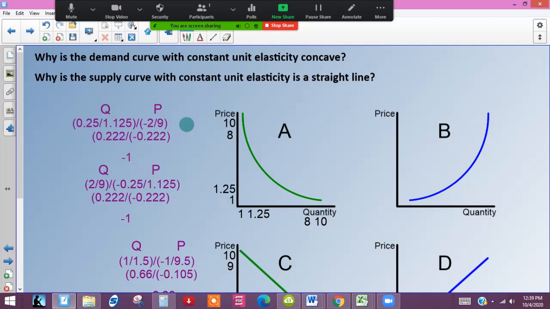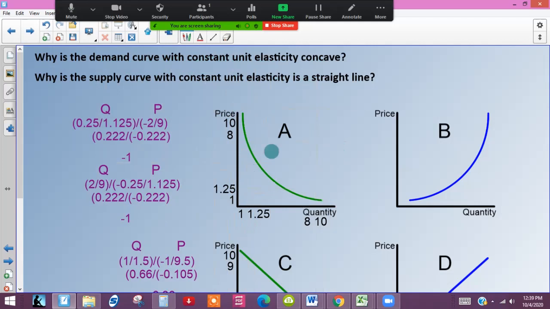So the first question here is, why is the demand curve with constant unit elasticity, in other words, where the price elasticity of demand is 1 anywhere on the downward sloping demand curve, why does it have to be concave, or shaped like you see right here?